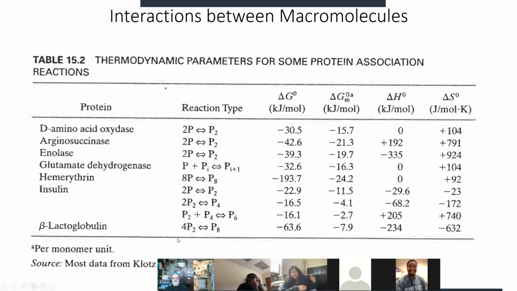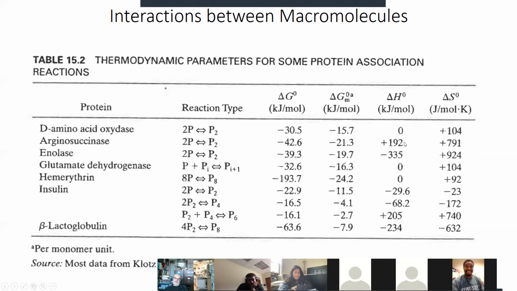And then beta-lactoglobulin, 4 dimers to make an octamer, enthalpically driven, and entropically repulsive, okay? So the point of this is that all of these are favorable, but some of them are enthalpically driven, some of them are entropically driven, some of them are both. All right, and so what he's trying to get at here is that the different equilibria that you get.